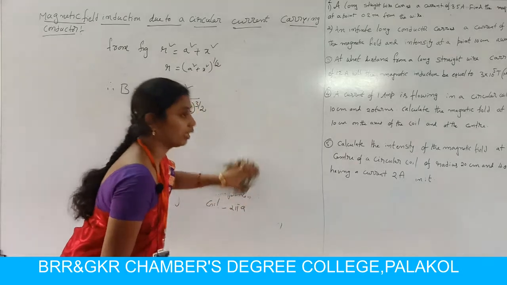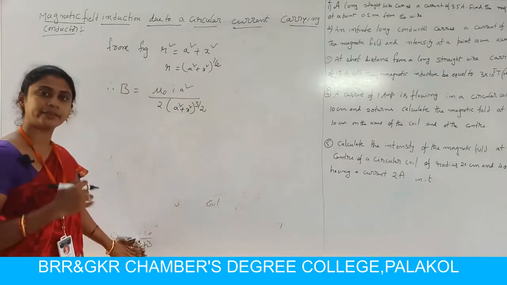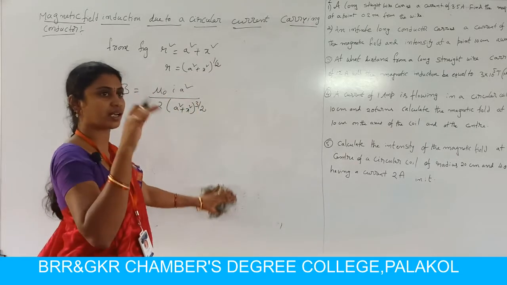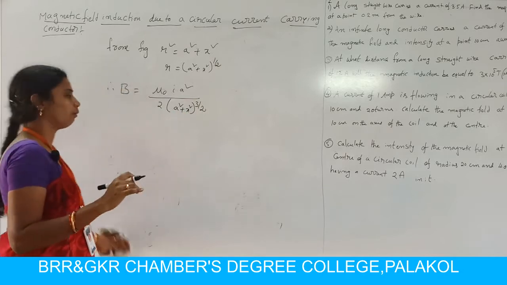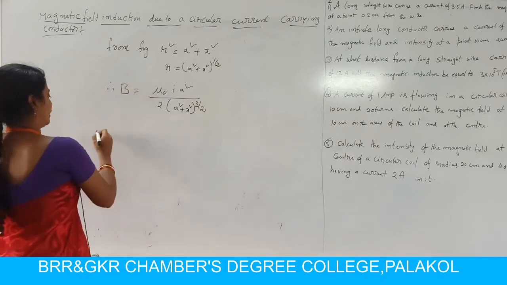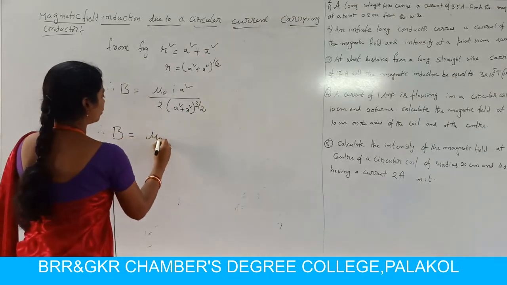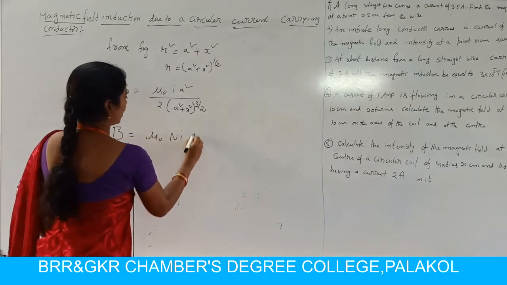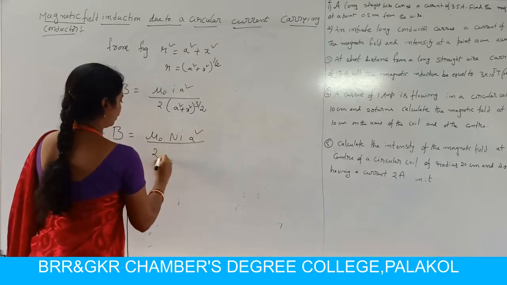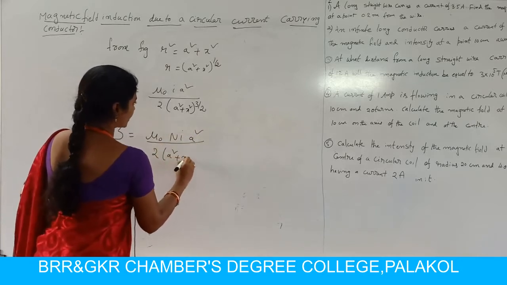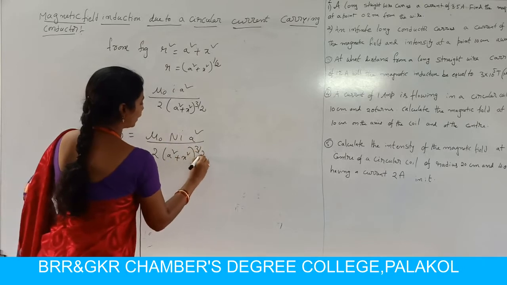If we consider that this circular loop has n turns, that is, the number of turns in the loop, then the expression for magnetic field induction is B equal to mu naught n I A square by 2 into A square plus X square whole power 3 by 2.